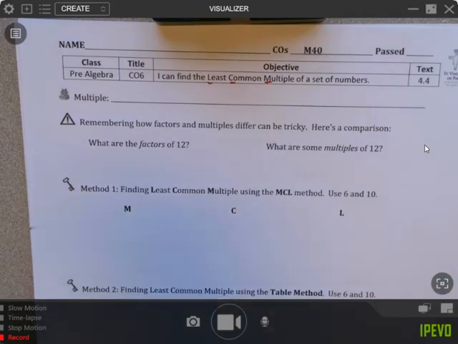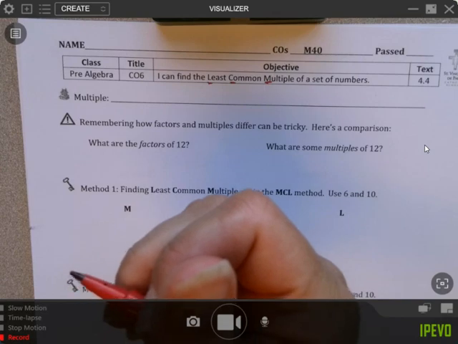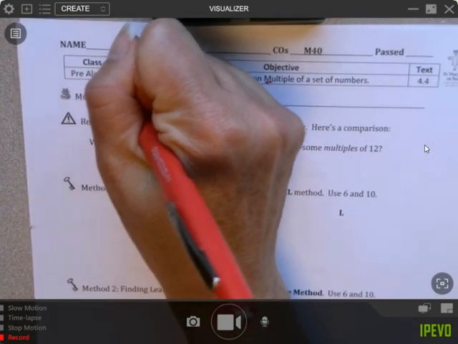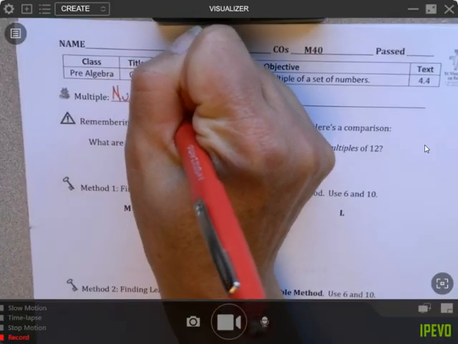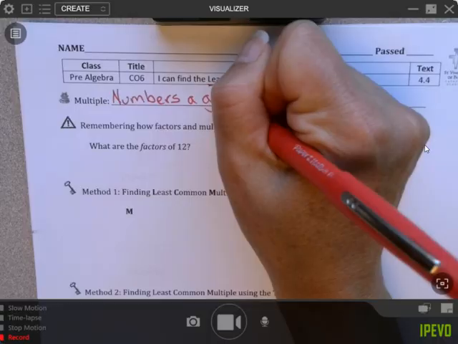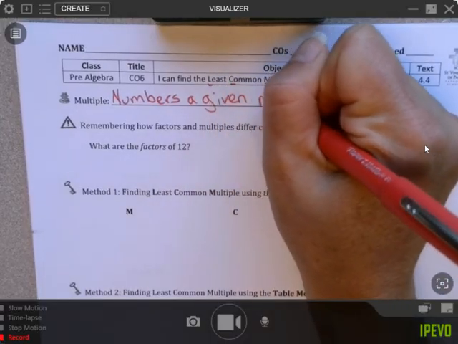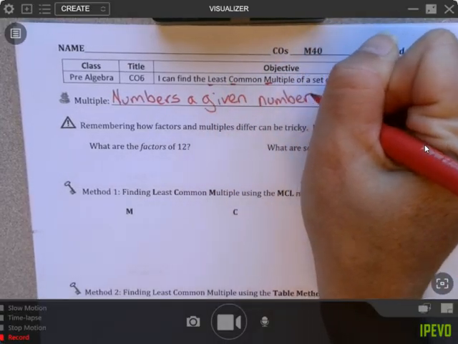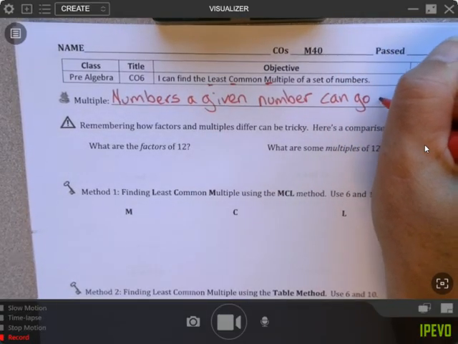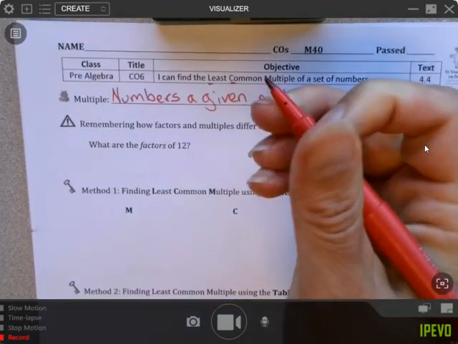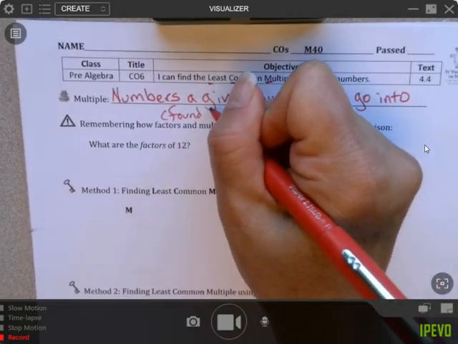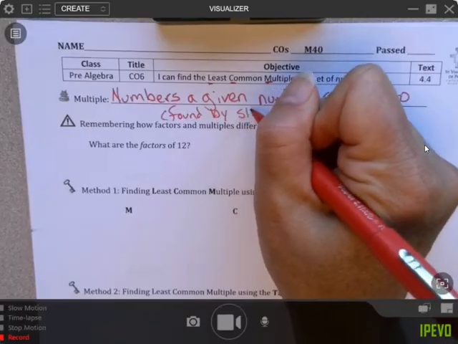A multiple are numbers a given number can go into. You can find it. It's found by skip counting.